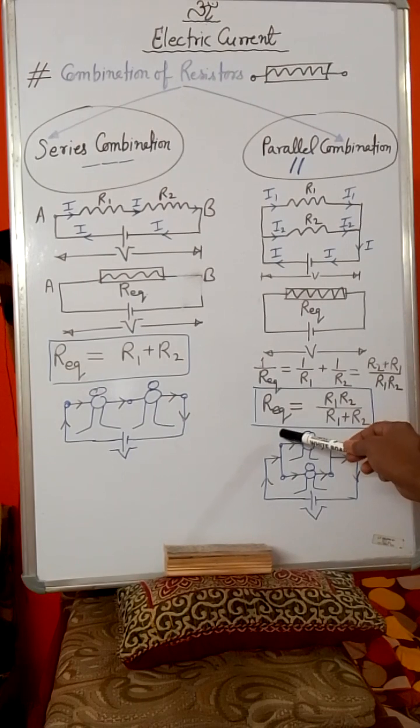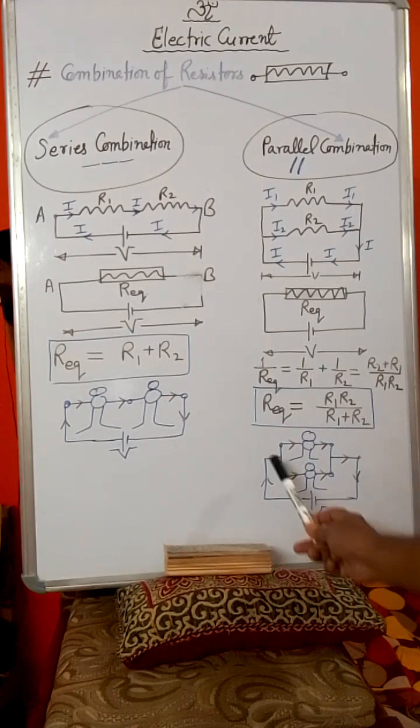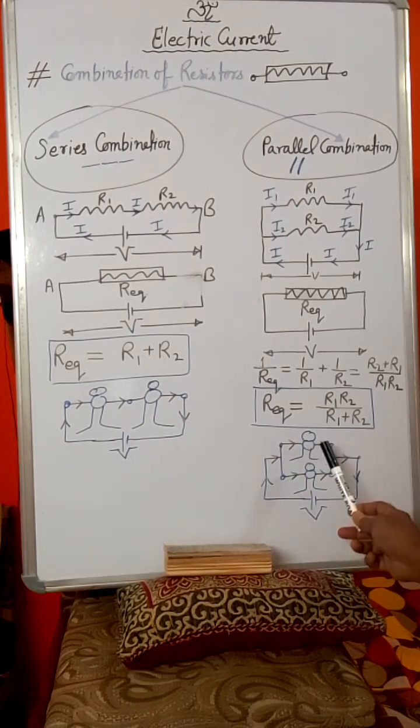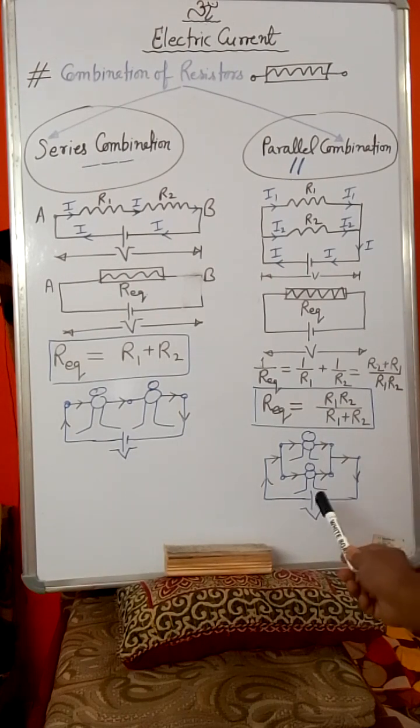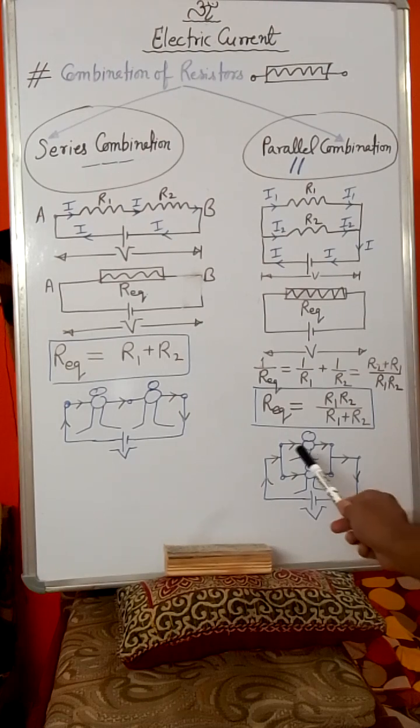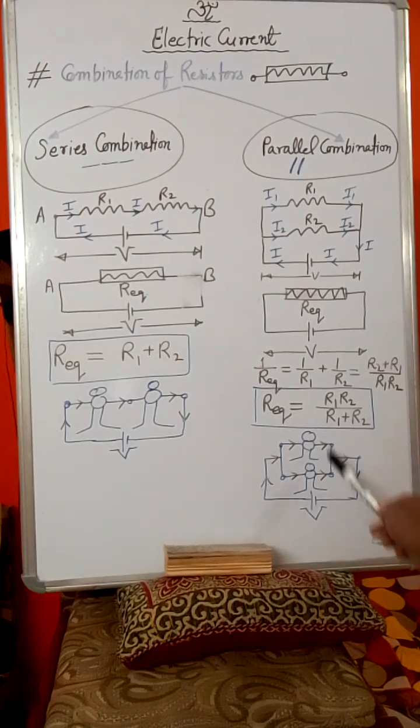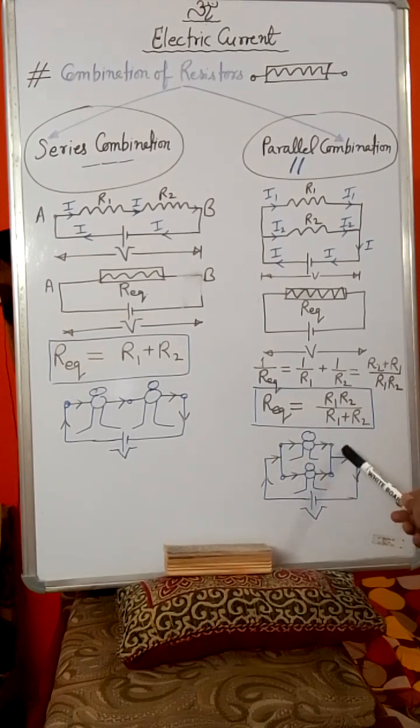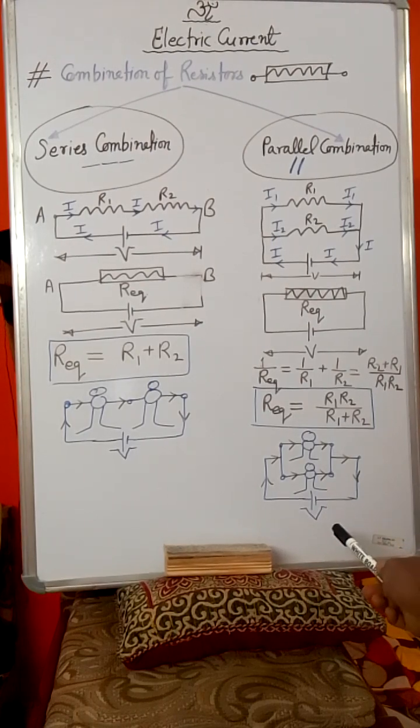Hand 1 and hand 2 of one person are connected respectively with hand 1 and hand 2 of the other person, like this, and finally they are connected with a voltage source or power source.